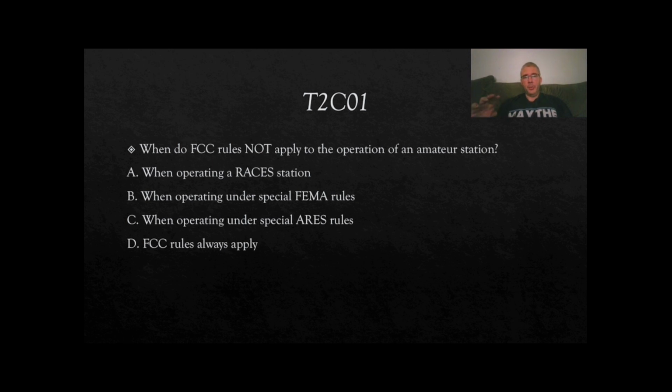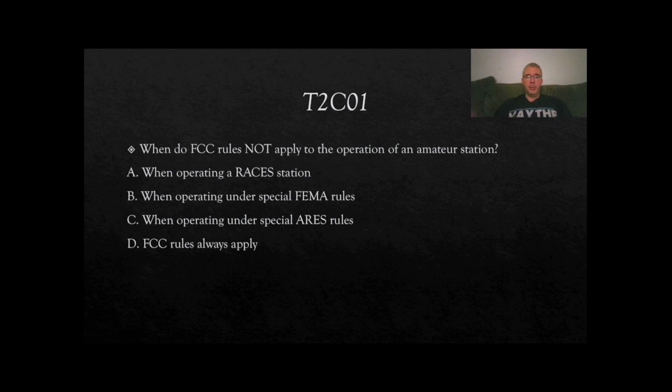So you'll see three different organizations. Two of them are amateur radio organizations, RACES and ARES. And then you have FEMA in there, a very powerful government entity. Love them, hate them, they exist. Amateur radio operators even have to coexist with FEMA. RACES is an emergency amateur radio group that's specifically called out in Part 97 of the FCC rules.